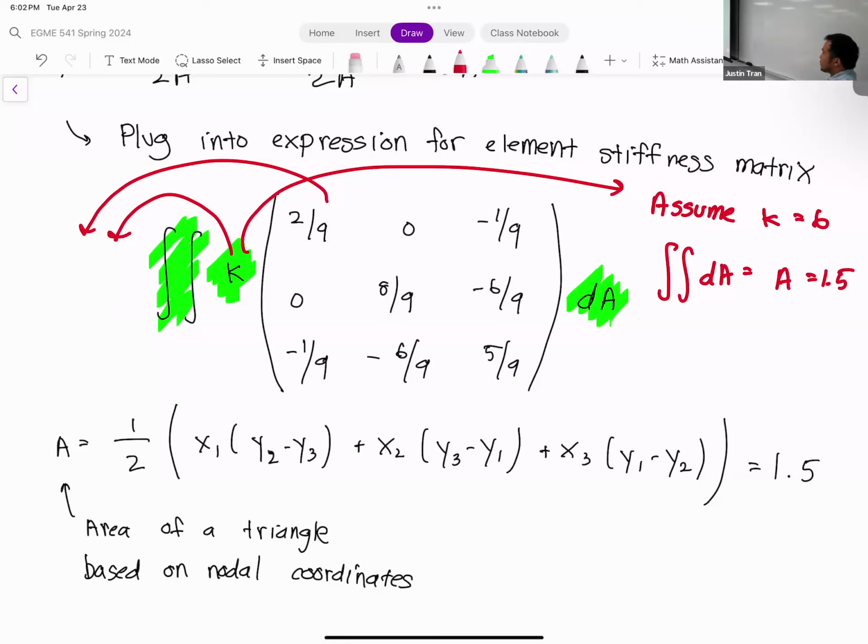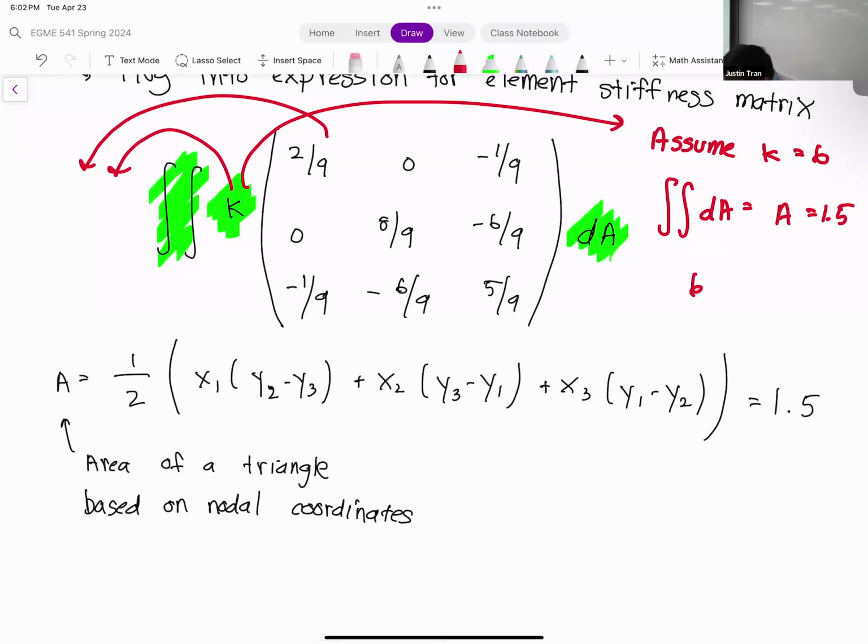We just computed the area of the triangle, which is 1.5. So this whole matrix is going to be multiplied by 6 times 1.5, which is 9.